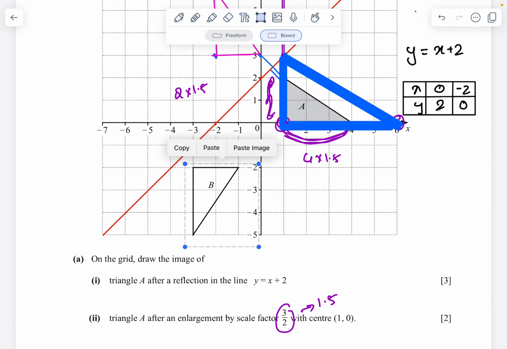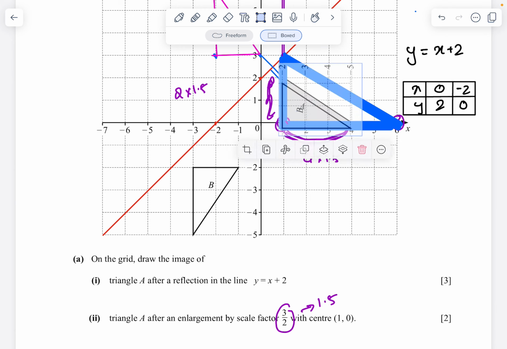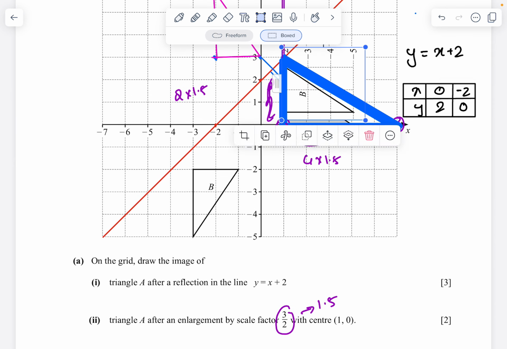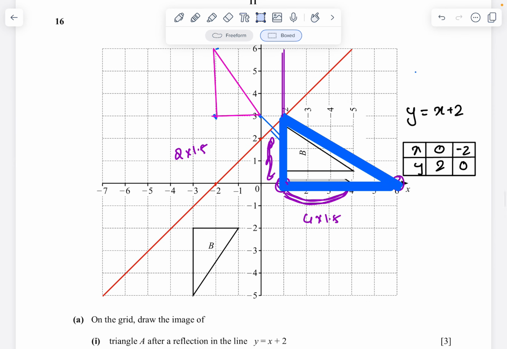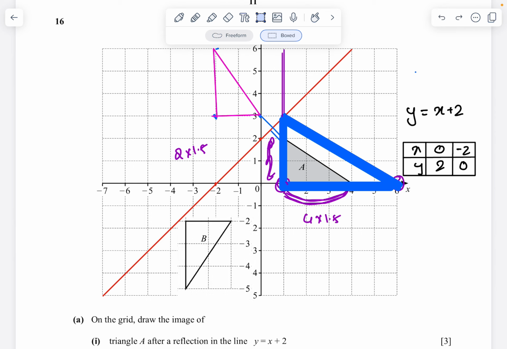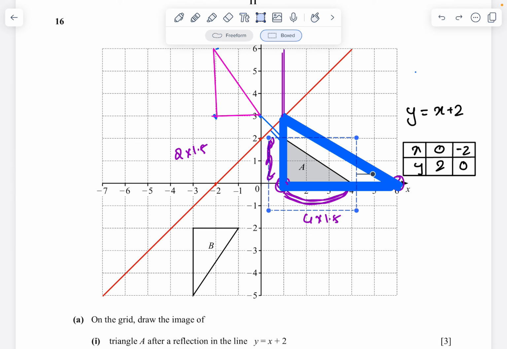This triangle, it is easy to copy and paste. Now if I rotate it, it is happening over here. This is the triangle. Now I am going to rotate it. I'm going to take this triangle and paste.